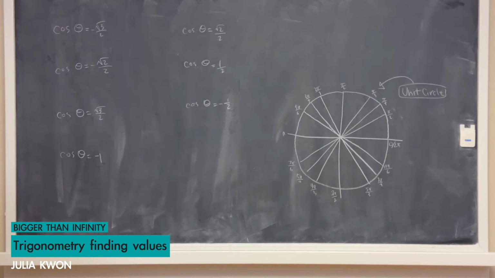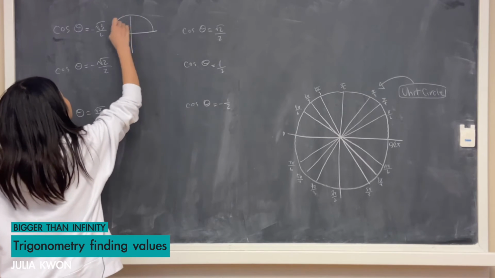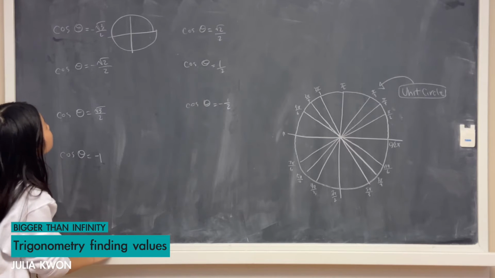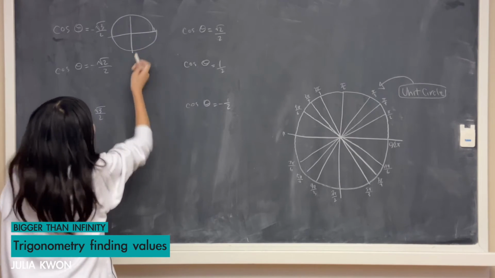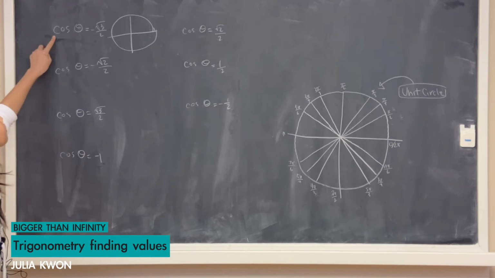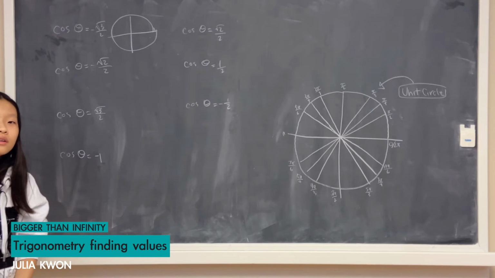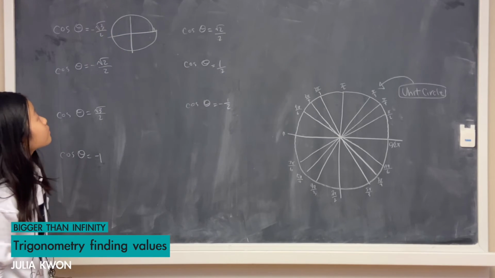So now on this first one, the point negative square root of 3 over 2. Before I get into anything, I have to mention that since we're working with cosine theta now, we're going to be using the x-axis.